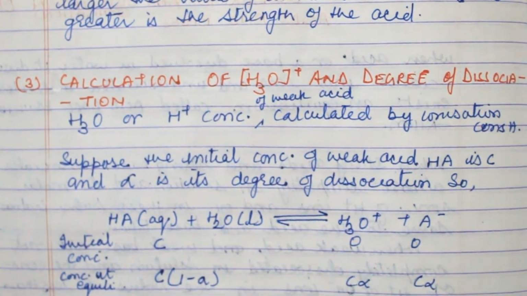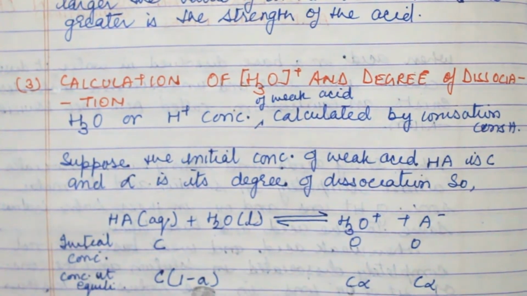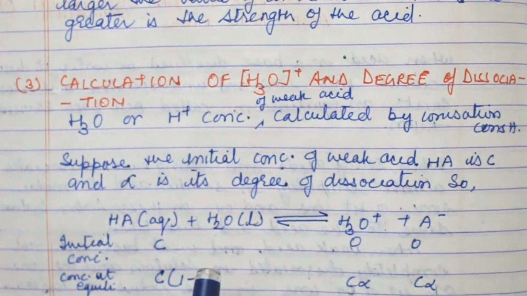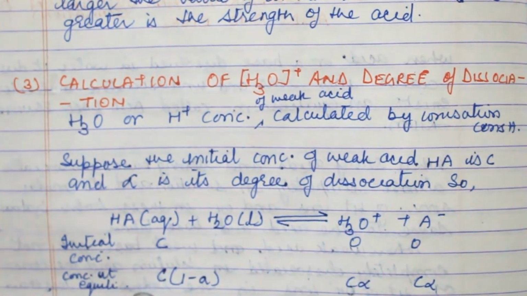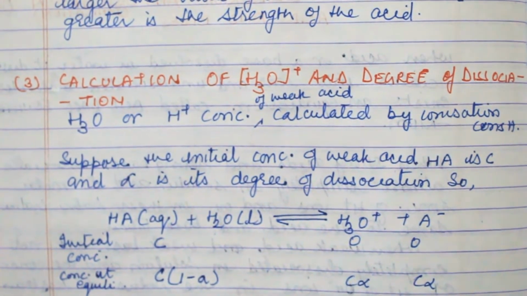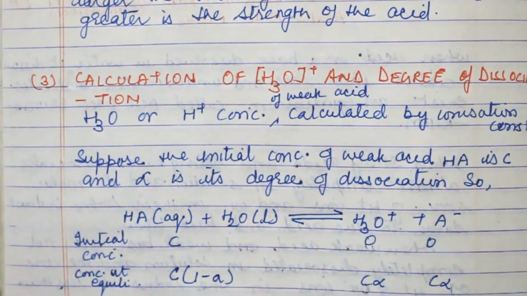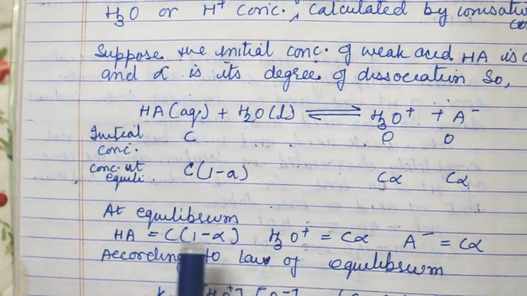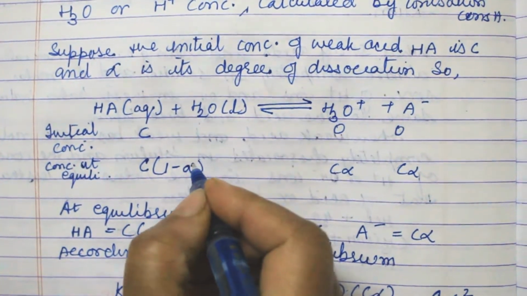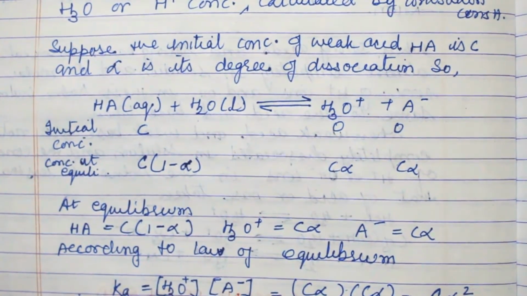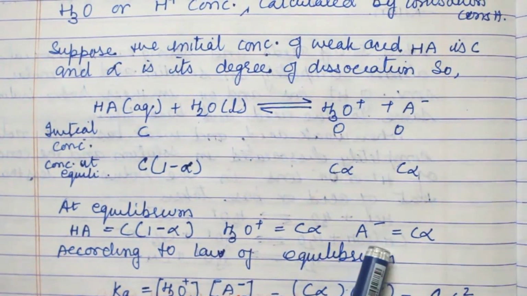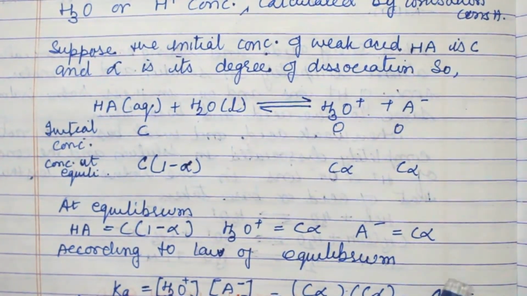Once the reaction has started, at equilibrium the concentration of the reactant is C(1 minus alpha) and the product is C alpha. So at equilibrium HA is C(1 minus alpha), hydronium ion is C alpha, and A minus ion is also C alpha.